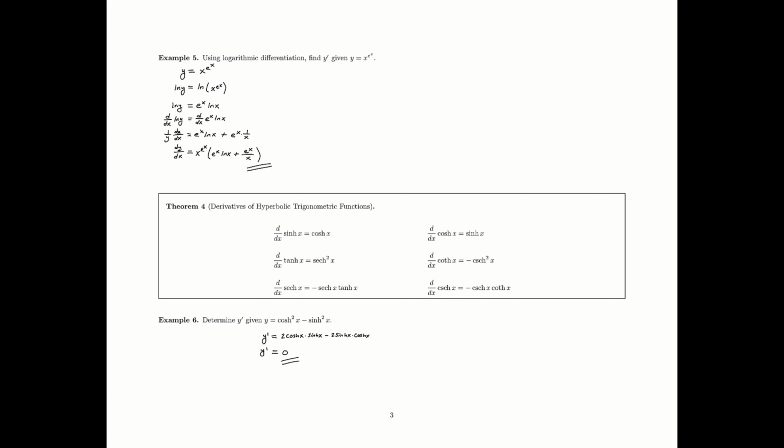What exactly does this mean? Well, there's a reason why I gave this example. One, it's to get practice using and working with sinh and cosh, but also this is a defining identity of hyperbolic trig functions. So this is a little aside here. We all know that sine squared x plus cosine squared x equals 1.